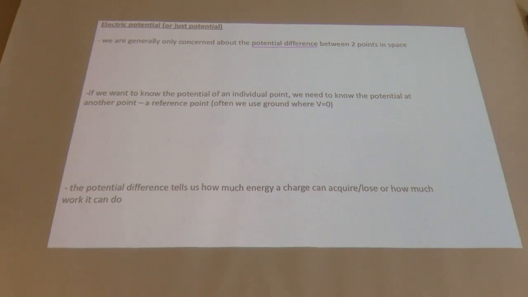I could write that something like this: Delta V, a difference in potential, is equal to the potential at point B minus the potential at point A. Or if you wanted to use that equation we had a moment ago, we could say that this is the potential energy at point B minus the potential energy at point A, divided by whatever charge is at those locations. So you see some of these equations starting to fit together now.